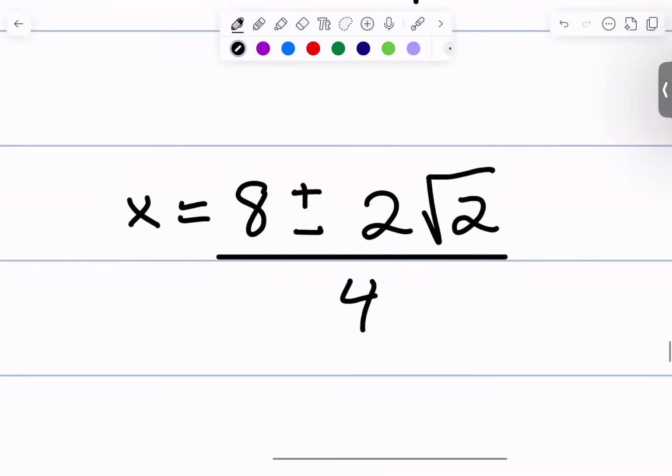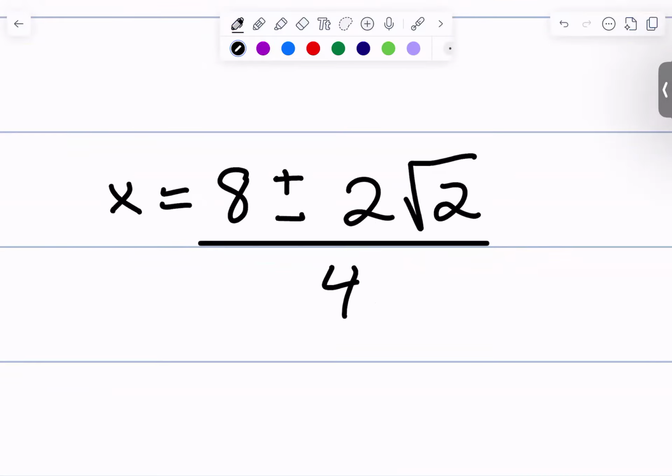Now I want to focus on this and simplify that. Okay? When we are simplifying this, we have to look at this number, look at this number, and look at this number. All three numbers at once.